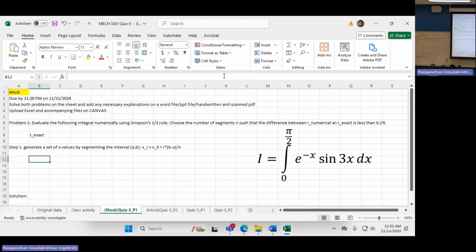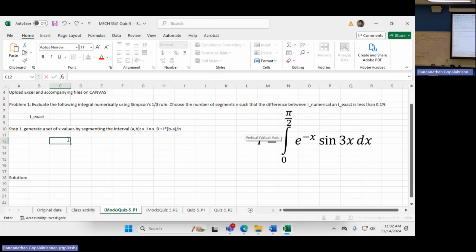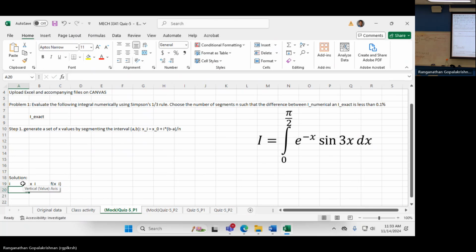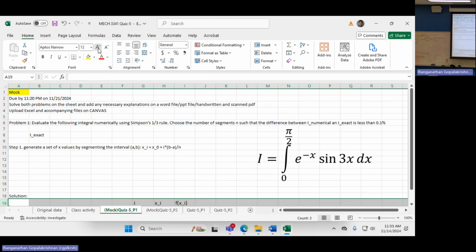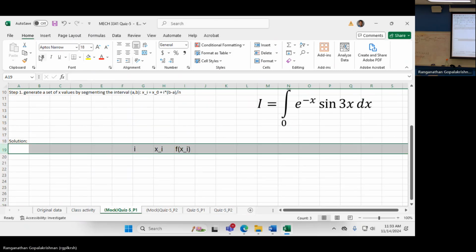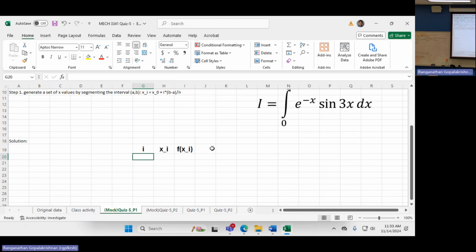I'm going to write i somewhere here: i, xi, and then f of xi. I'll make it a little prominent. i, xi, f of xi.